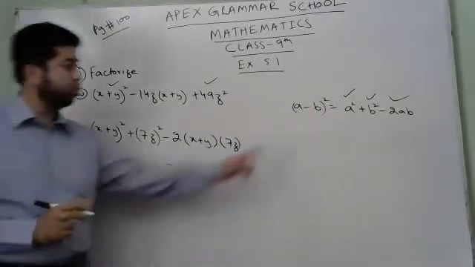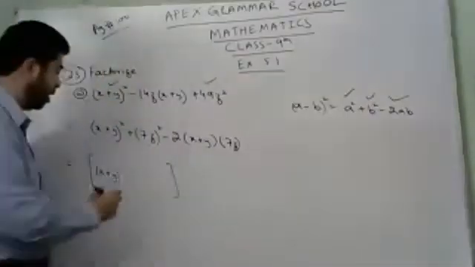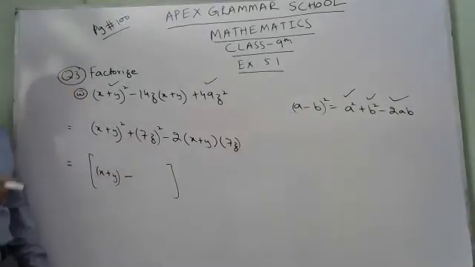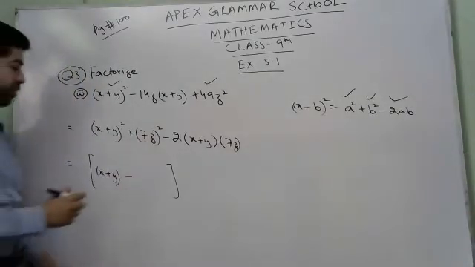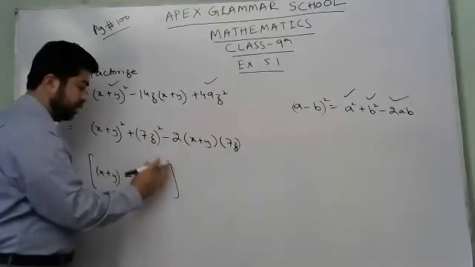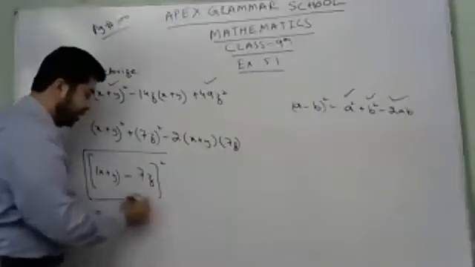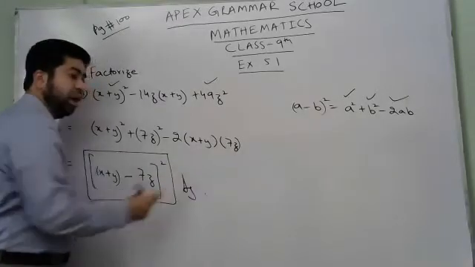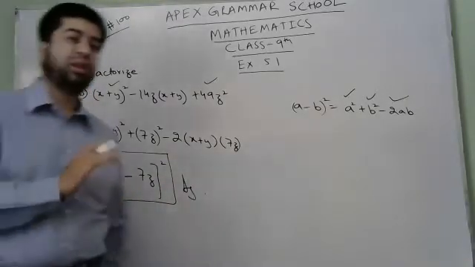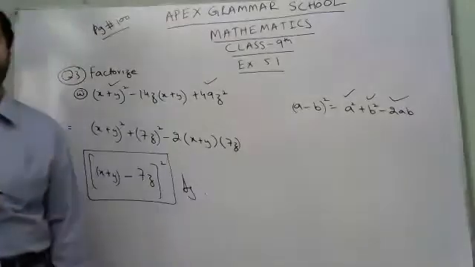After that, you put the sign of minus, and the value of b is 7z, and this is whole square. And this is the answer. We have factorized it using the whole square formula.